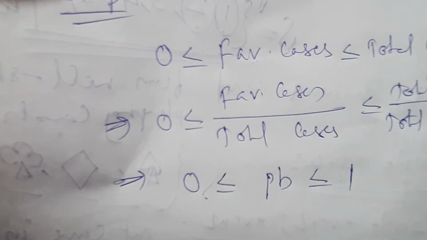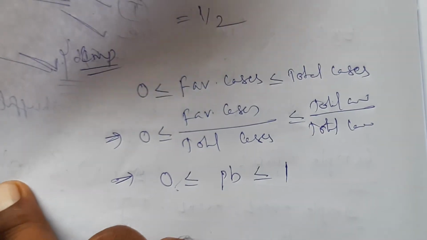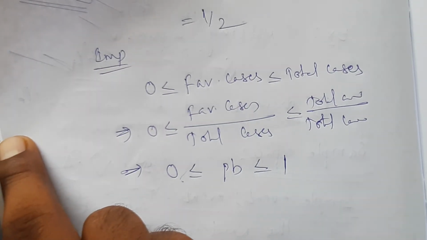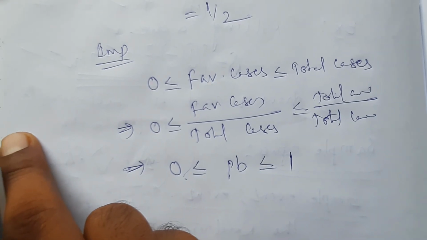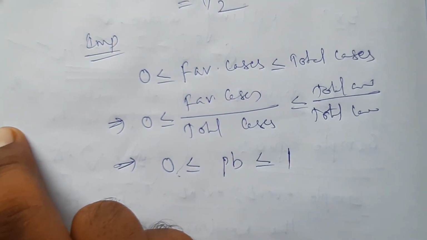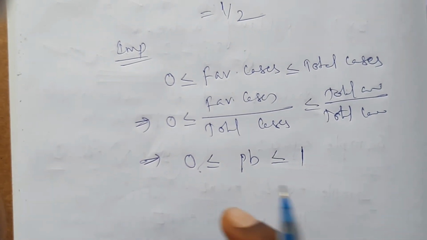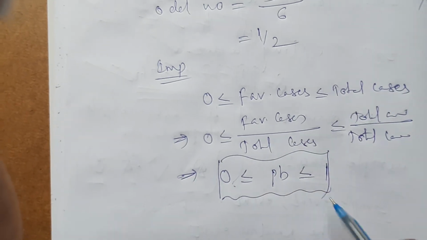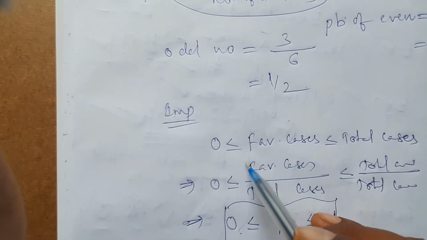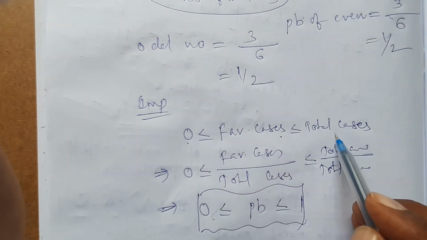So in any example, when you are calculating the probability, if you get a probability less than 0 or greater than 1, then your answer is wrong. So the probability will always lie between 0 and 1 only, since the favorable cases always lie between 0 and the total number of cases.